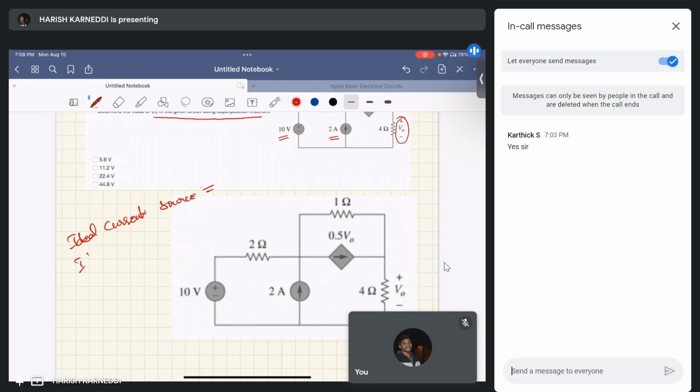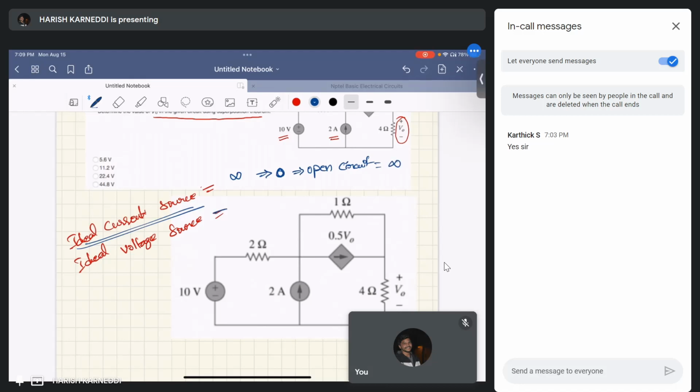And what is the value of the ideal voltage source internal resistance? Okay, fine. The ideal current source internal resistance is infinite ohm. For the current source we have to make the current zero, and zero current means open circuit, right? Open circuit means the resistance is infinite.